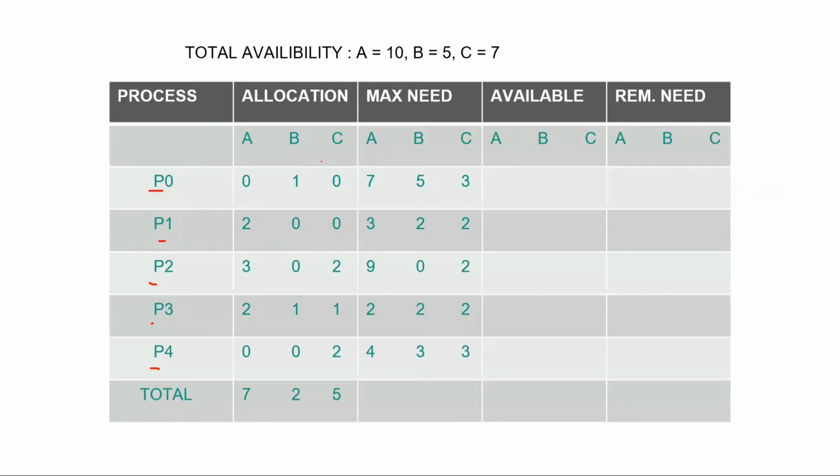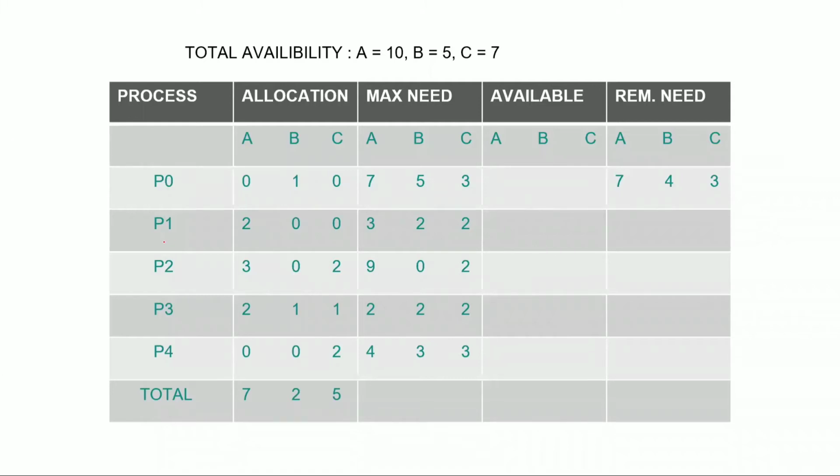So how many more resources do we have to give? That is the remaining need. Okay, so the remaining instances of A that P0 wants is 7 minus 0, 7, of B 5 minus 1, 4, and C is 3, right? Okay, so this is the remaining need of P0.